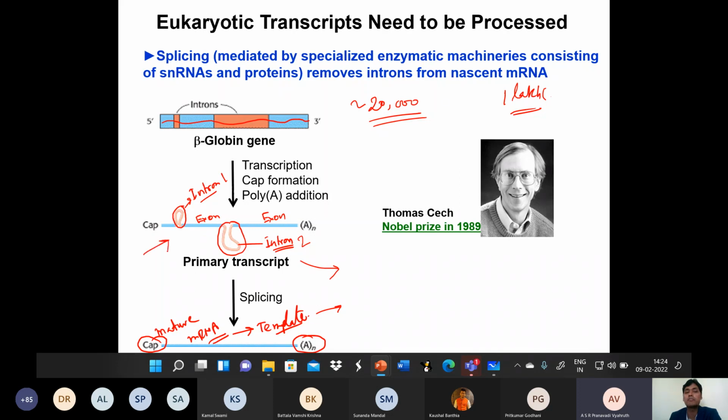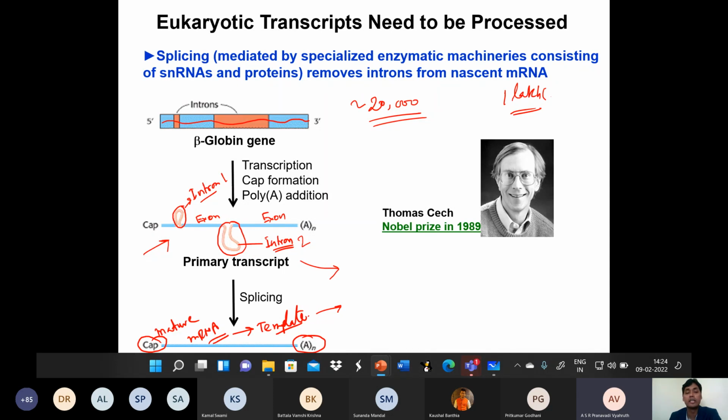In this schematic diagram, I am showing you this mRNA with just two introns, intron 1 and intron 2. In reality, you might have many more introns, and whatever I discussed, that alternate splicing, means sometimes this intron is removed, sometimes another one is removed.